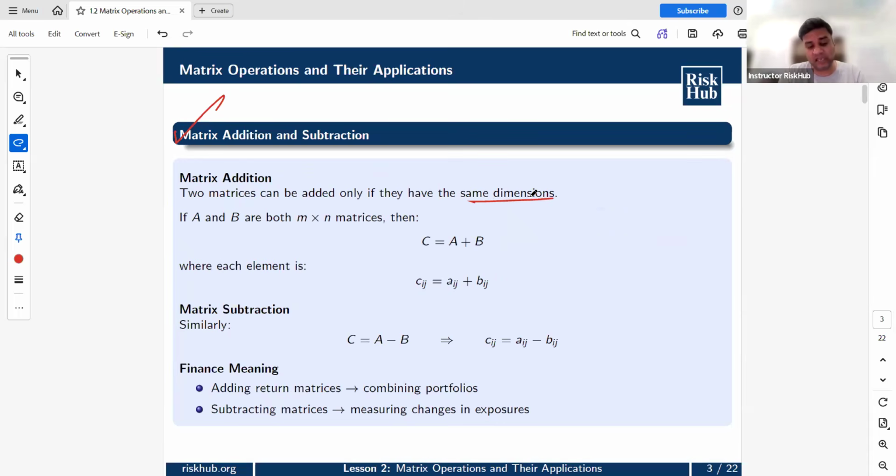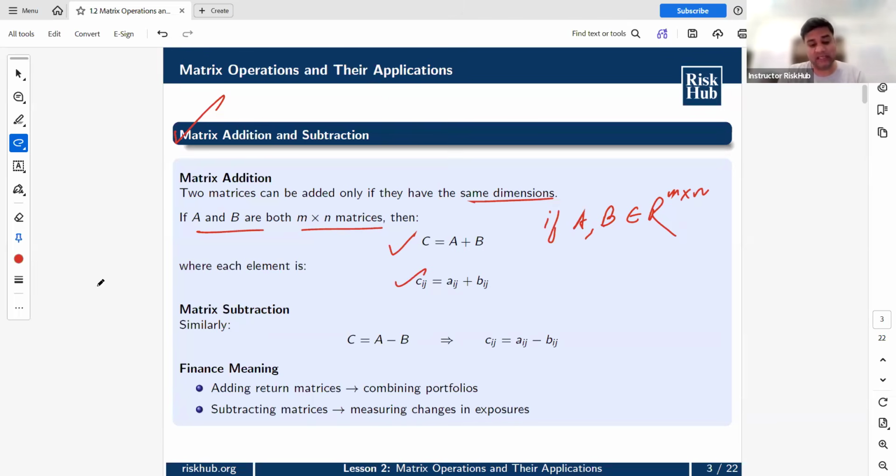So the important idea here is that if A and B are both M by N matrices, then C is equal to A plus B. Please keep in mind where each element Cij is equal to Aij plus Bij.